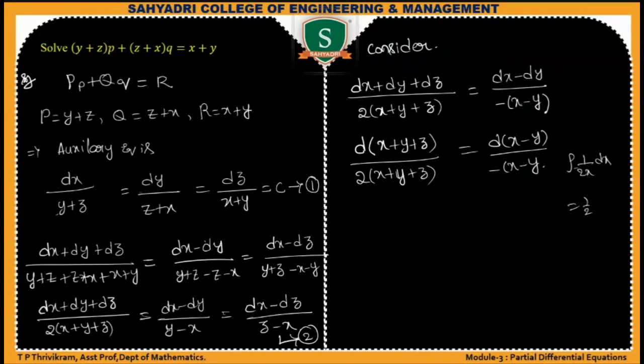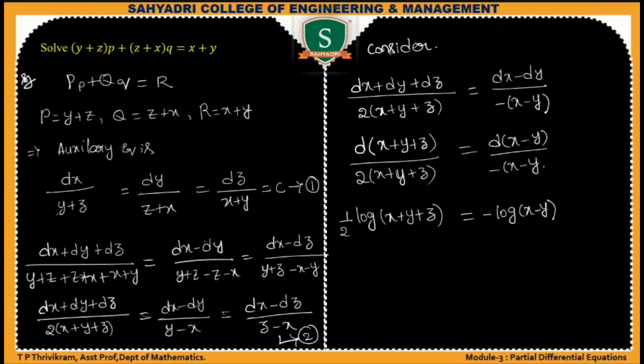The result here is 1 by 2 log of (x plus y plus z). Similarly, here also, minus log of (x minus y), plus some integrating constant, log of c1 you can take.